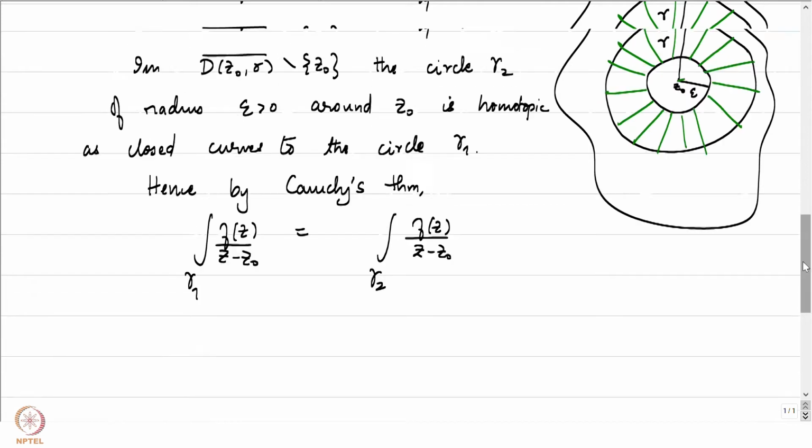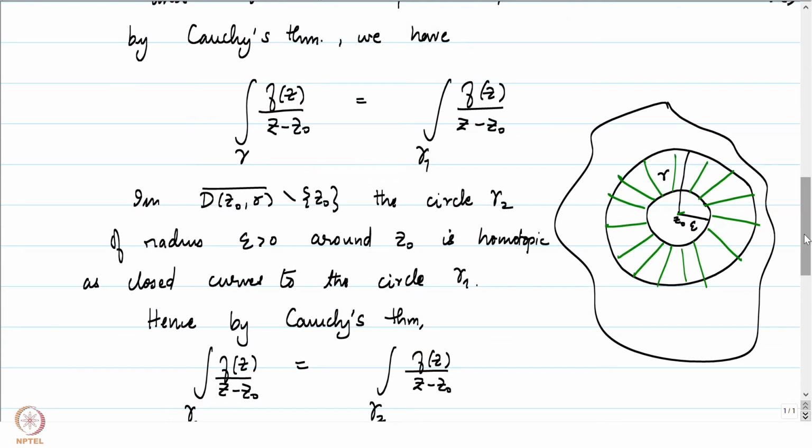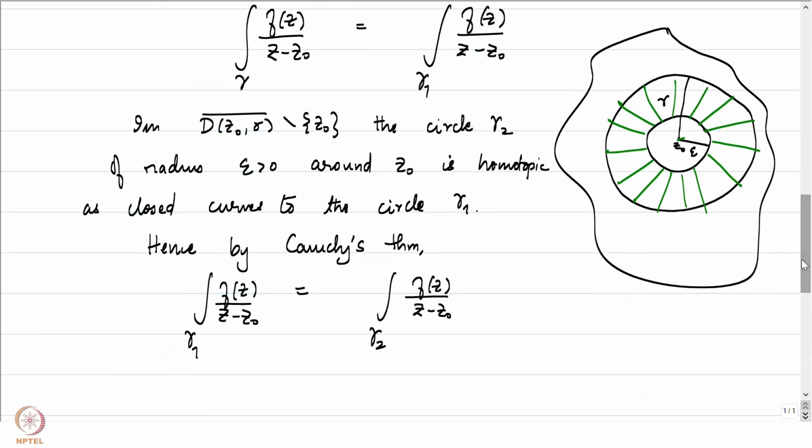Notice that in a neighborhood of the closure of the disk of radius r around z naught minus the point z naught, f of z by z minus z naught is again a holomorphic function. This is in fact a holomorphic function on omega minus z naught. Notice that the homotopy that we have described is also a homotopy in omega minus z naught.